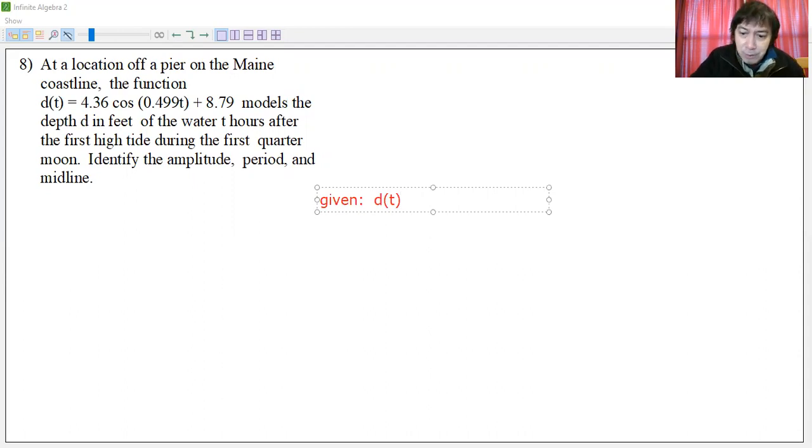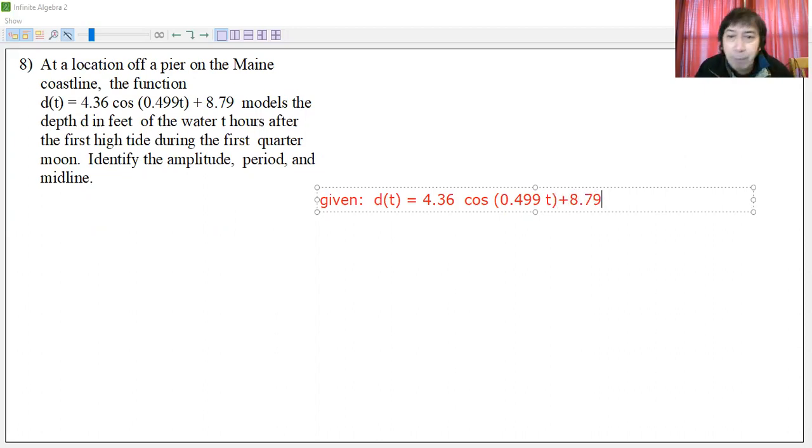And this is equal to 4.36 cosine 0.499 t, plus 8.79 there.